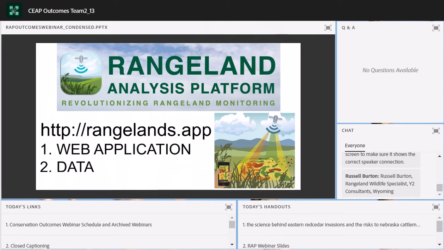All of those methods are documented and are currently being published and are actually posted online on the Rangeland Analysis Platform website.